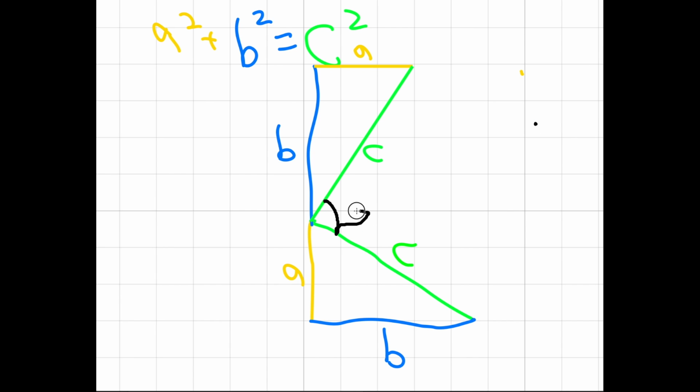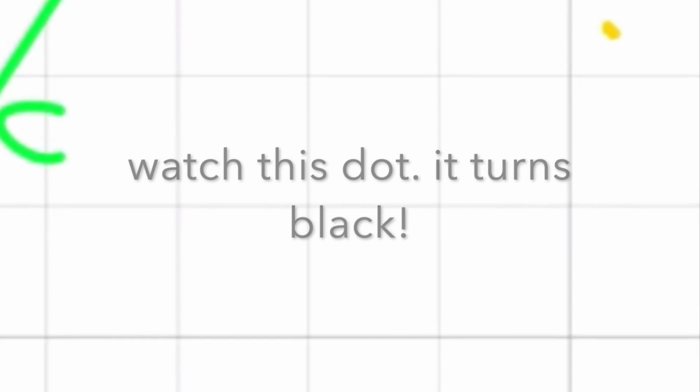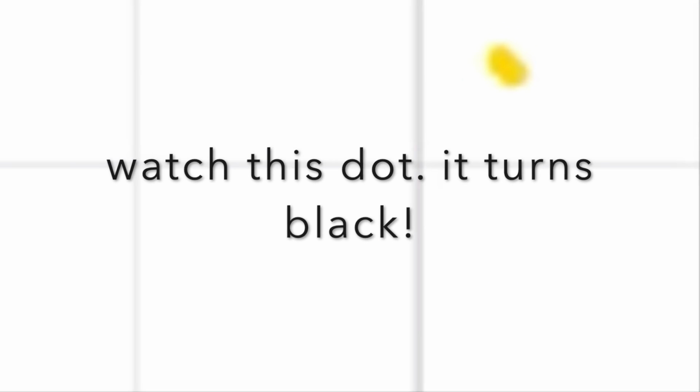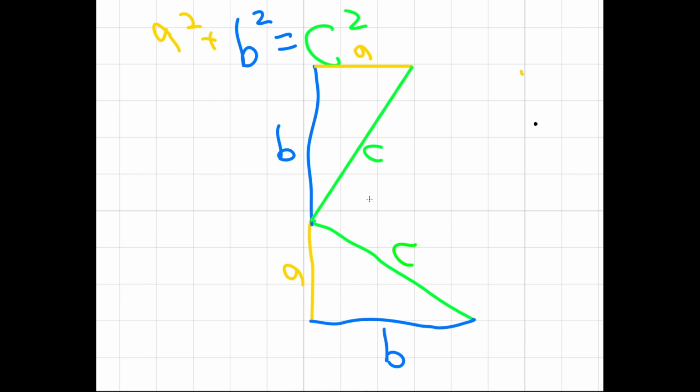Okay, so now let's try and find this angle. It looks like something. Let's just try and find if it is really that something. So what we're going to do is find this angle right here.